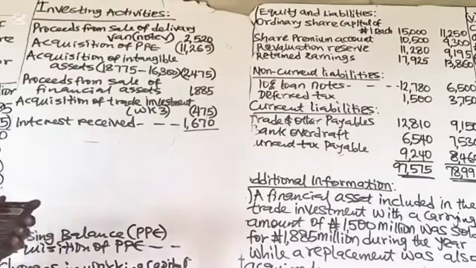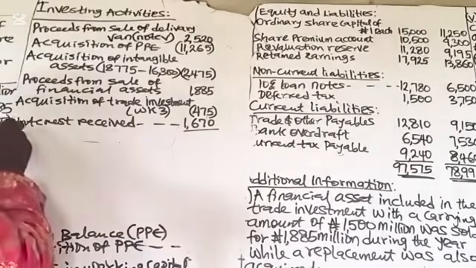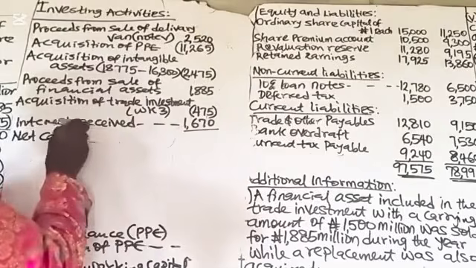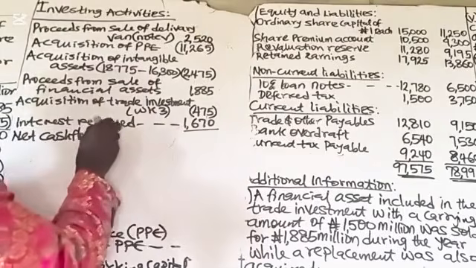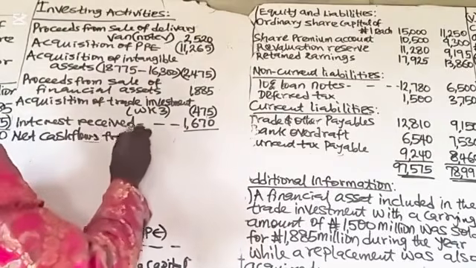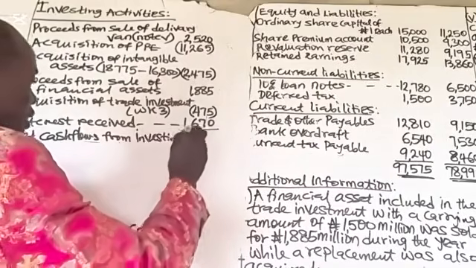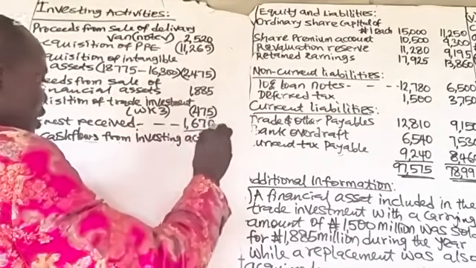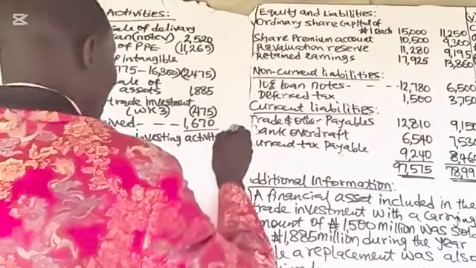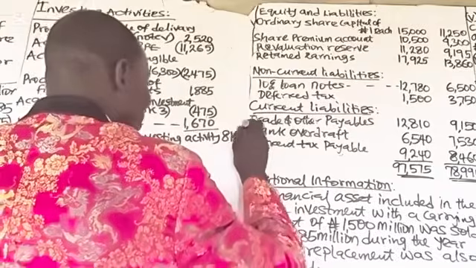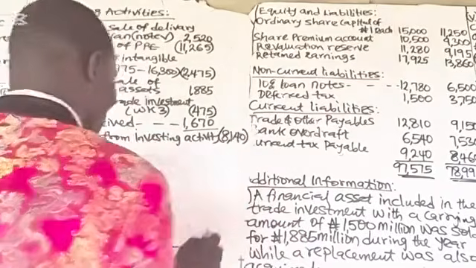So you have 8,140 negative. So that is the net cash flows from investing activity, and that amounted to 8,140 negative. It's an outflow.